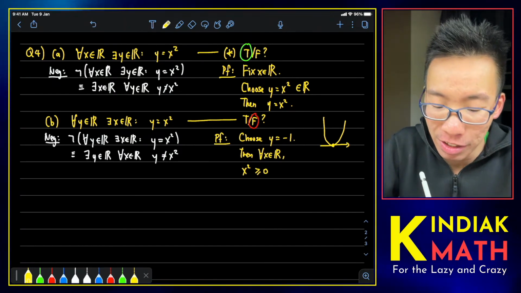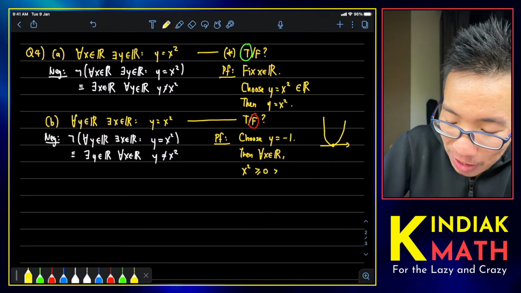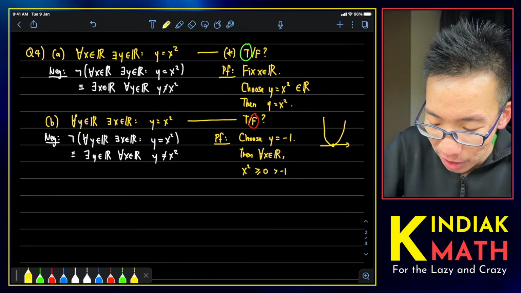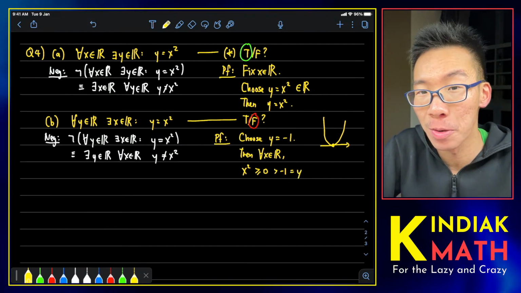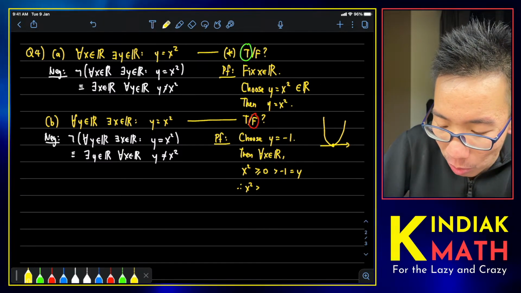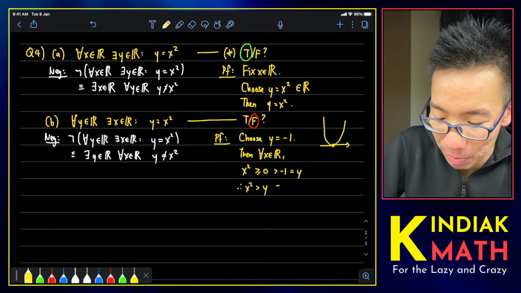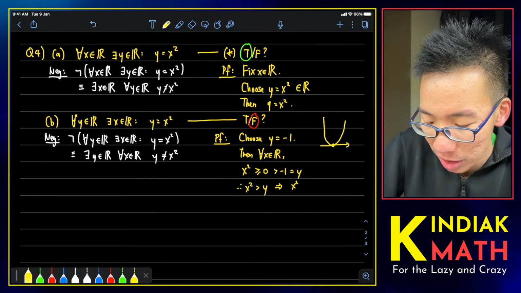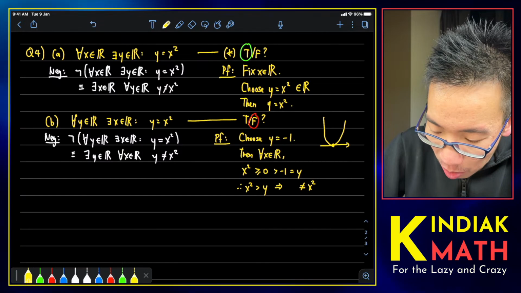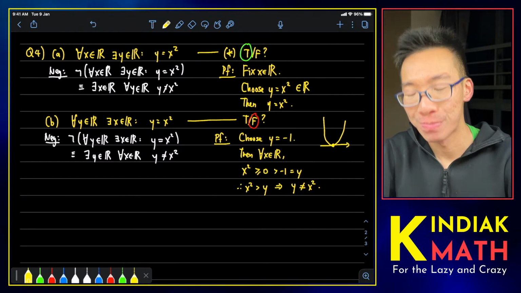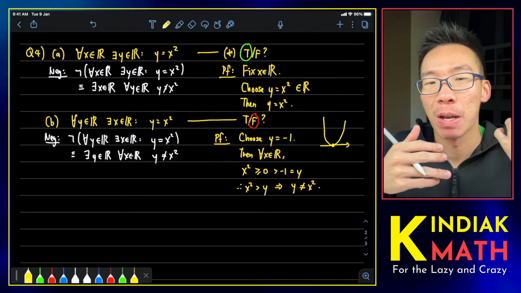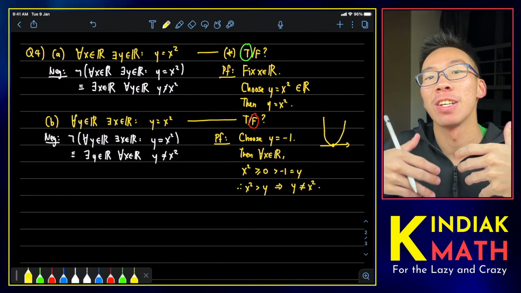But if it's non-negative, then it has to be strictly bigger than -1. And if it's strictly bigger than -1, then it is strictly bigger than y. Therefore, x squared is strictly bigger than y, which implies that x squared cannot equal y. So we prove that the original statement is false by proving that its negation is true.